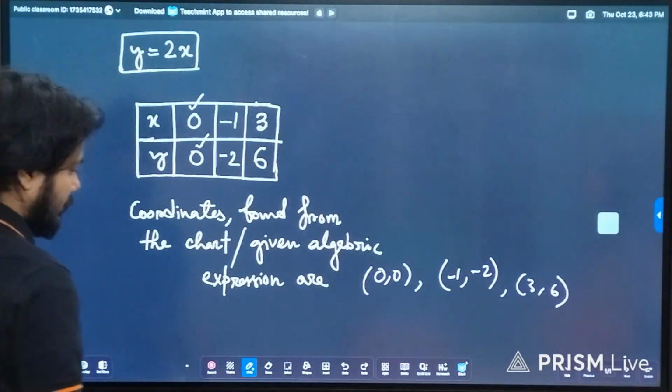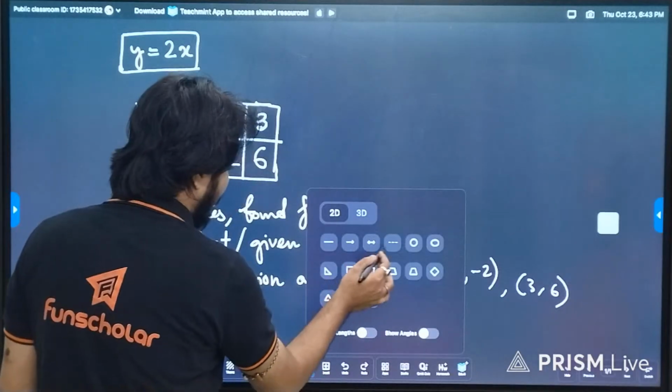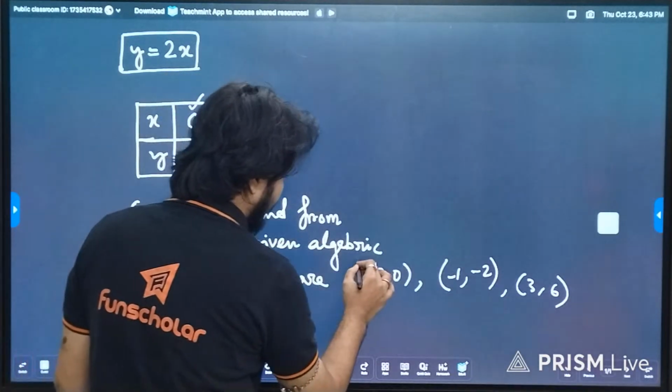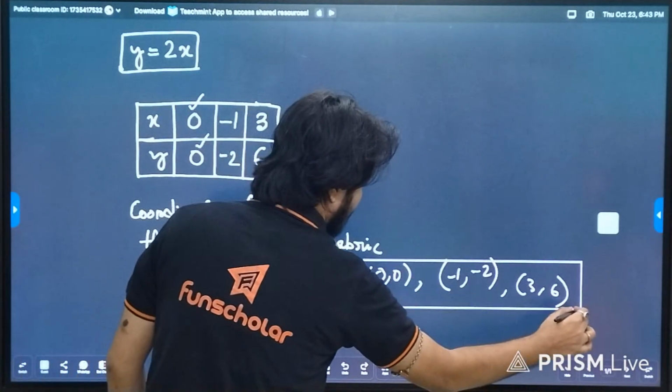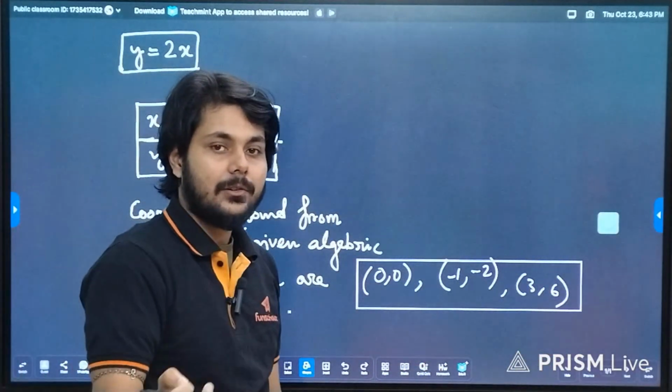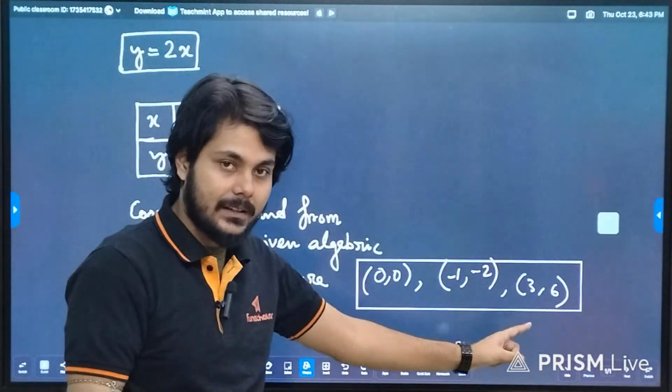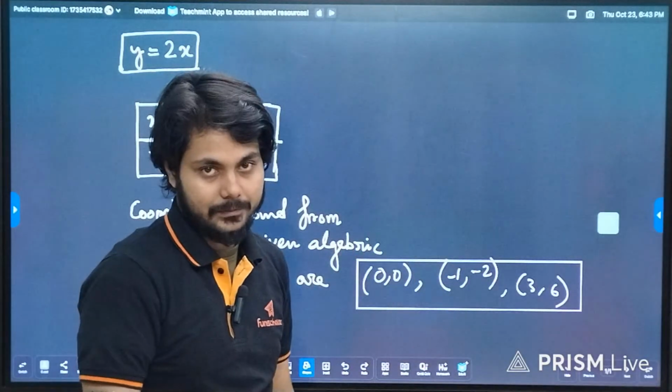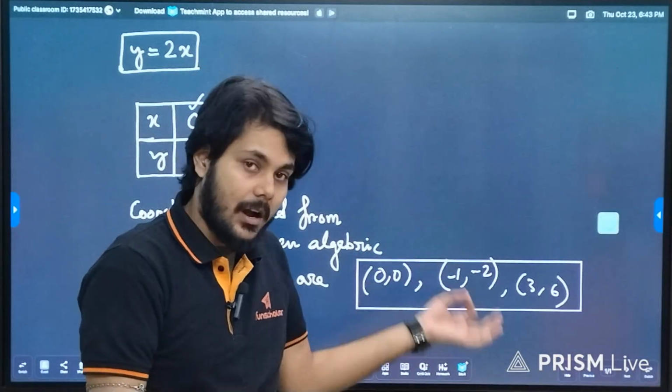Okay, so you have found the coordinates. These are the three coordinates. Now you need to plot these 3 points on the Cartesian plane, on the graph.